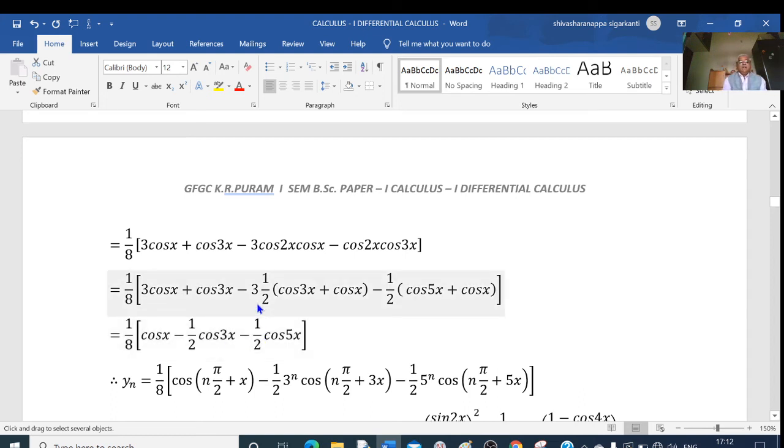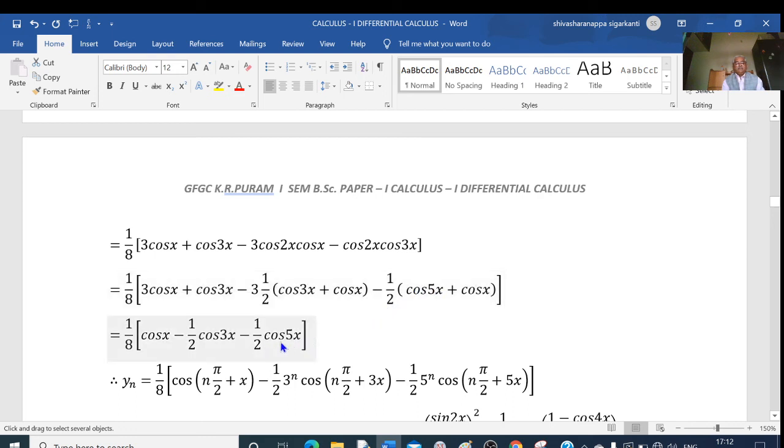And next, cos 3x. This is 1 cos 3x, minus 3 by 2 cos 3x. 1 cos 3x minus 3 by 2 cos 3x is minus 1 by 2 into cos 3x. And then the remaining term, minus 1 by 2 into cos of 5x.